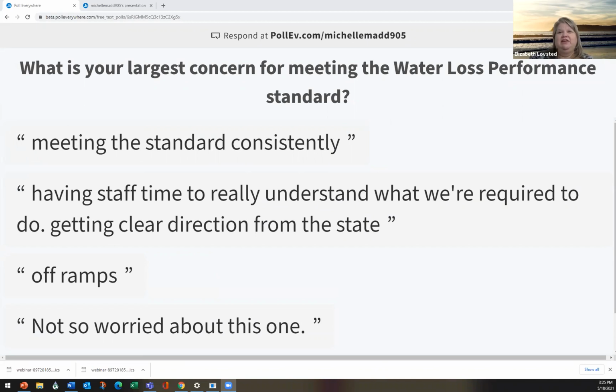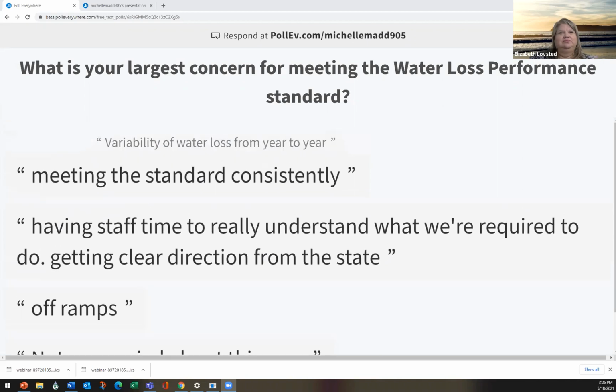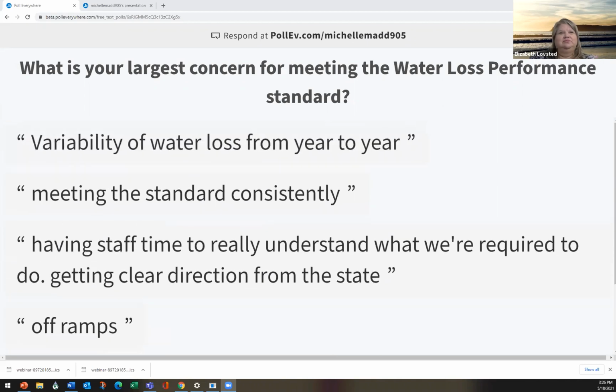So you could be meeting your overall water use efficiency standard, but if you're not meeting your water loss performance standard, you could be subject to regulatory actions, fines, and yeah. There's a variability of water loss from year to year.